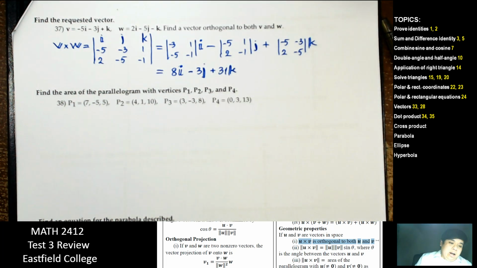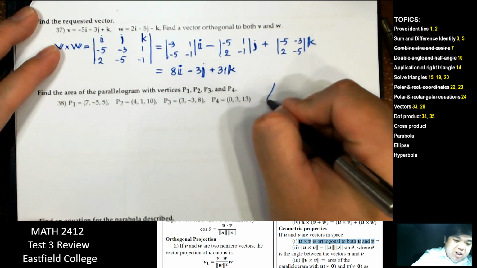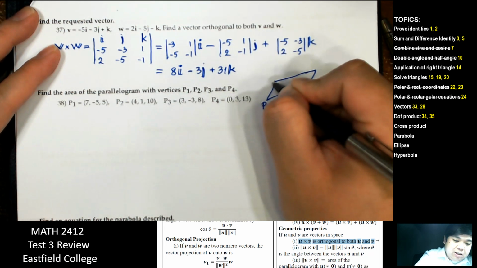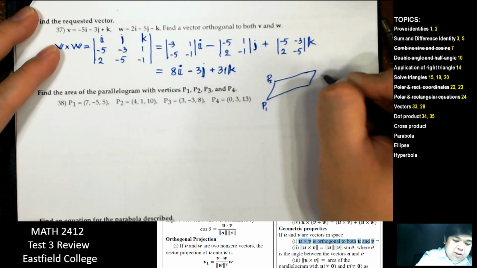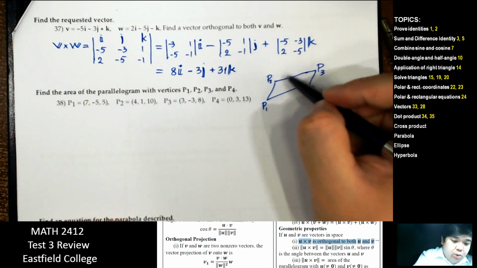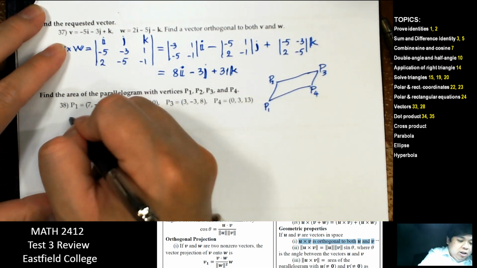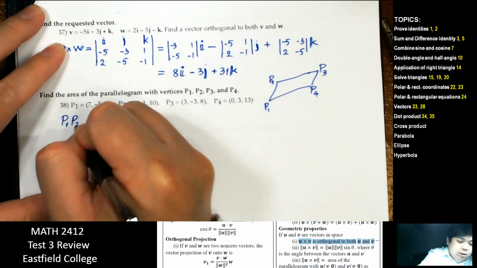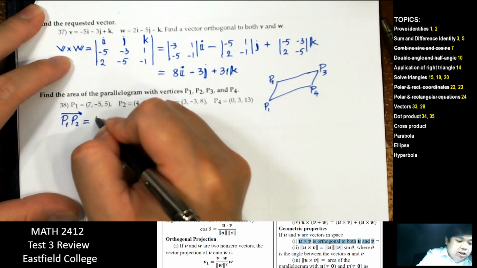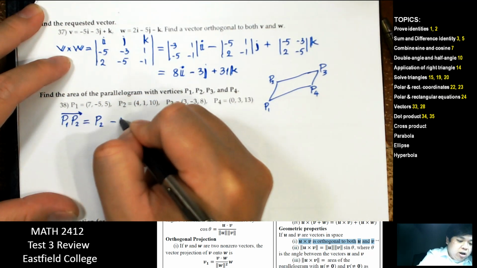Right. Next, area of parallelograms. So I have sketched it real quick like that. So for P1, P2, the vector is the point P2 minus P1.